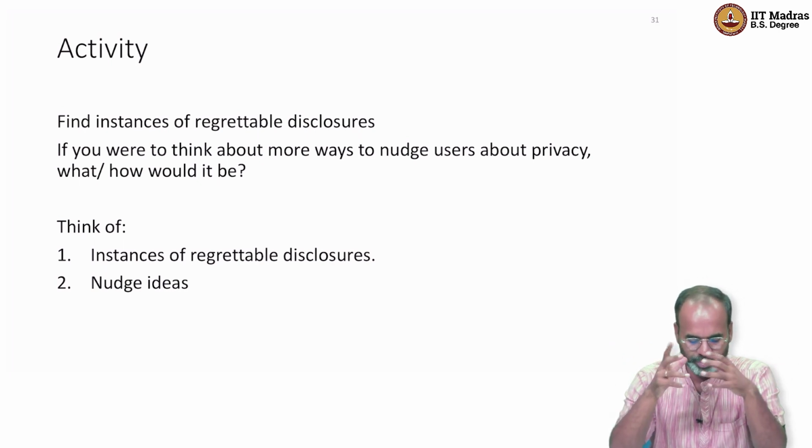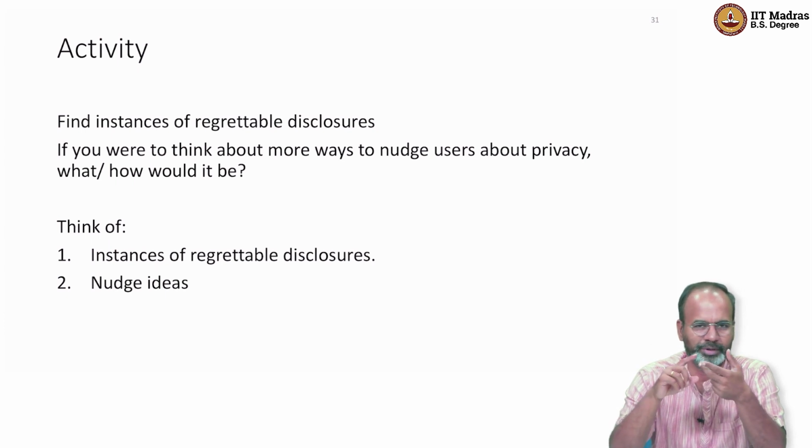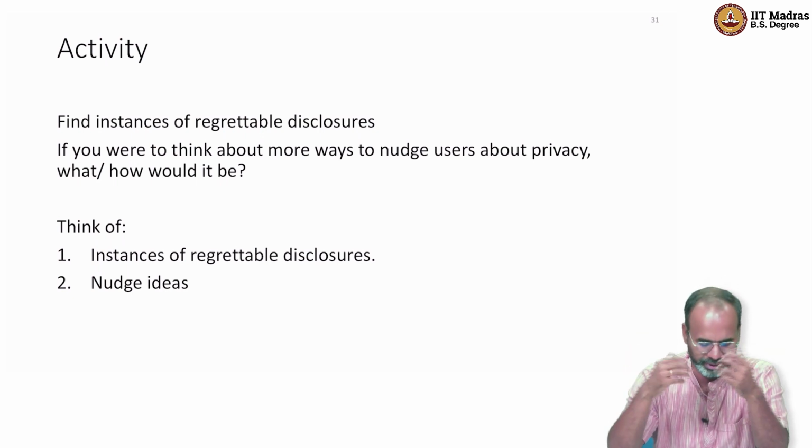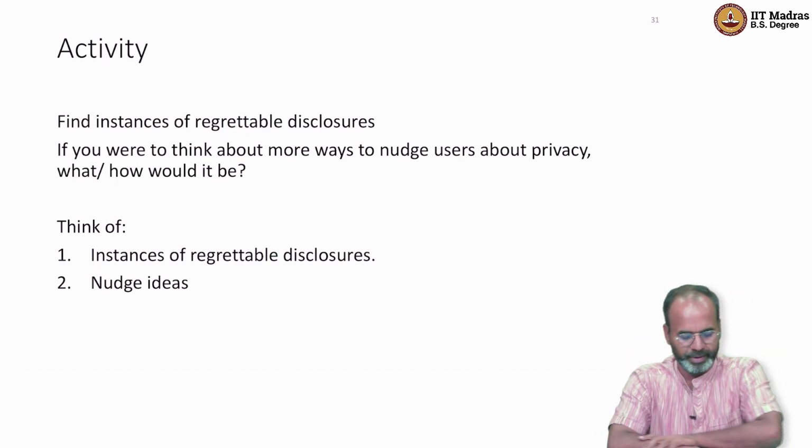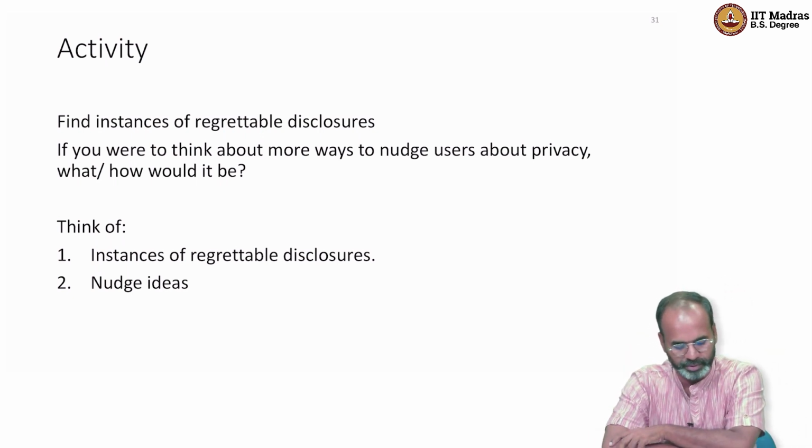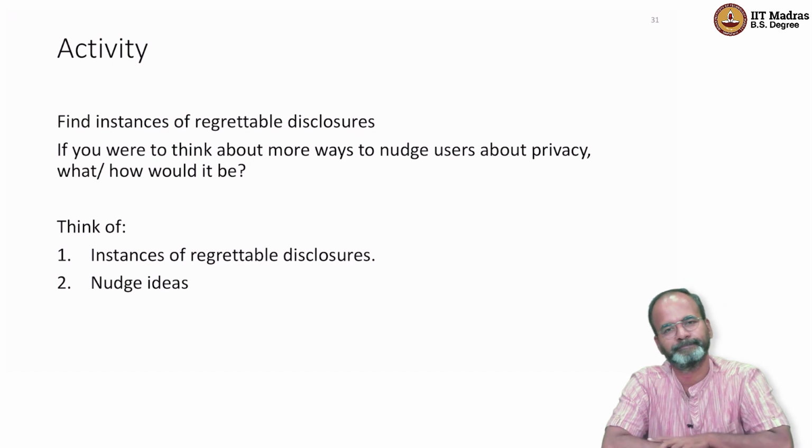If you were to think about more ways to nudge the user, we just saw this timer, picture and sentiment, right? There may be other ways to nudge the user. Can you think of other ways to nudge the user and share it with us? Think of instances of regrettable disclosures and nudge icons also, nudge ideas.